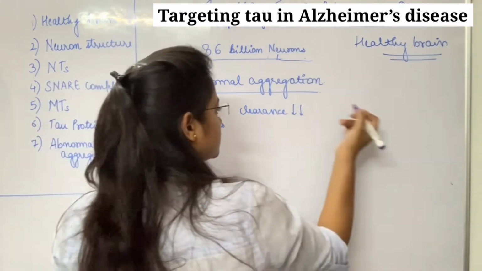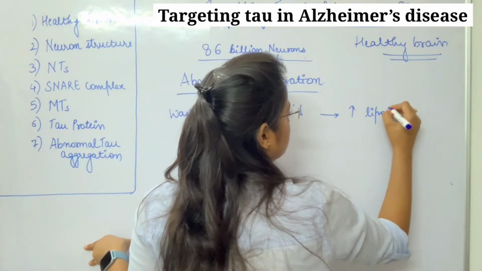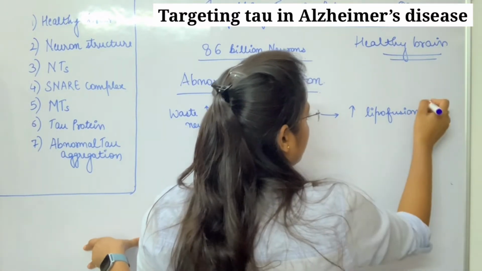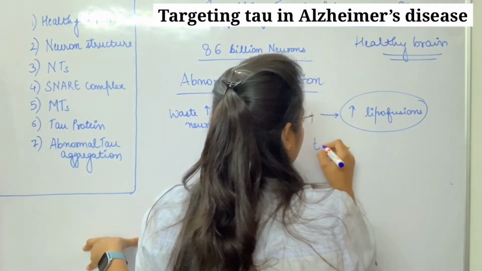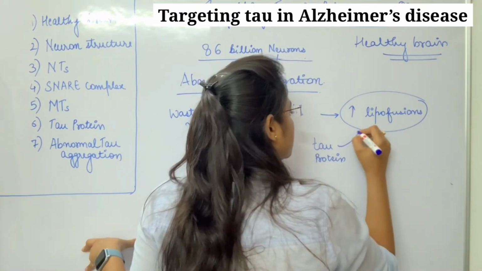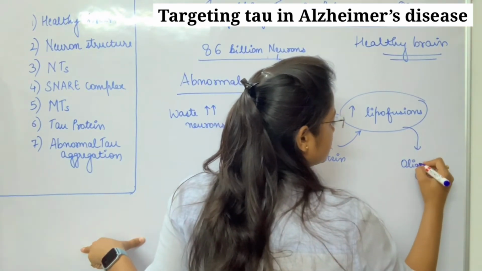This results in an increase in lipofuscin in the neurons. Now tau proteins bind to this lipofuscin and form oligomers.